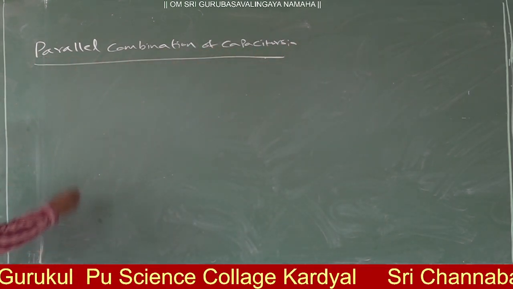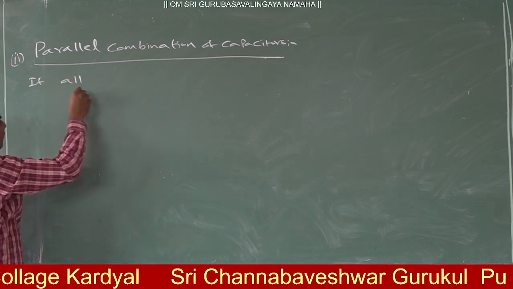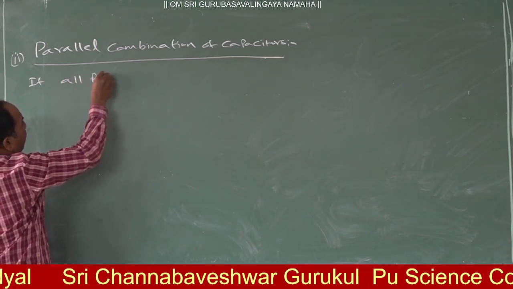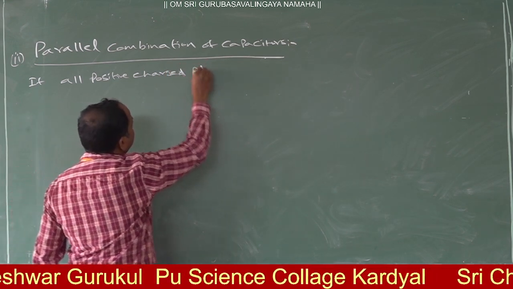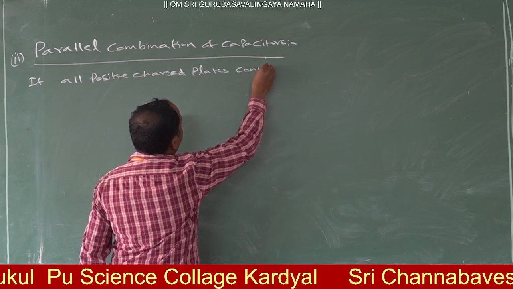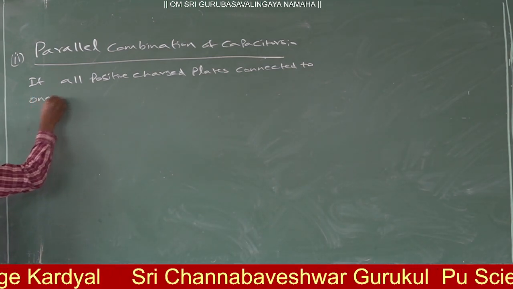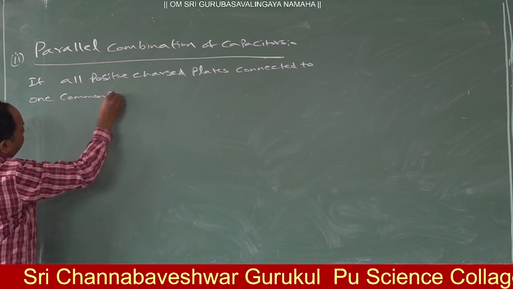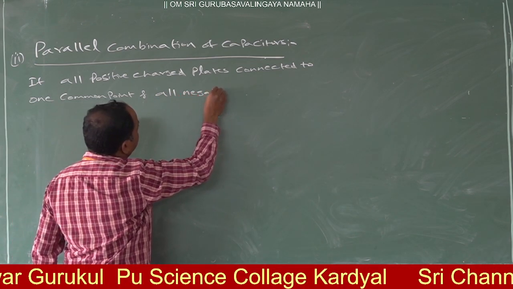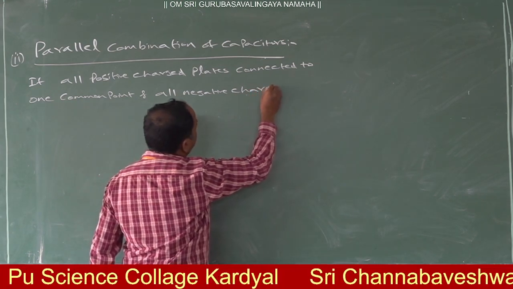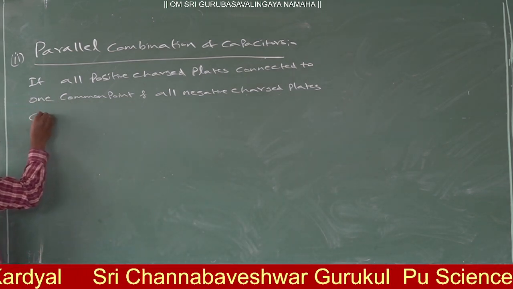Here, if all positive charged plates are connected to one common point and all negative charged plates are connected to another common point.